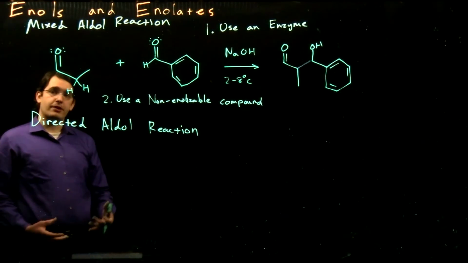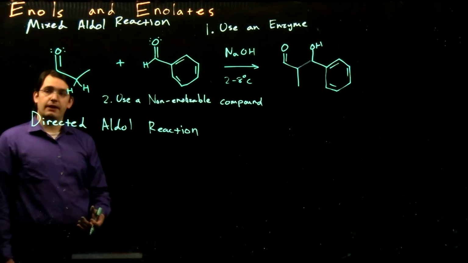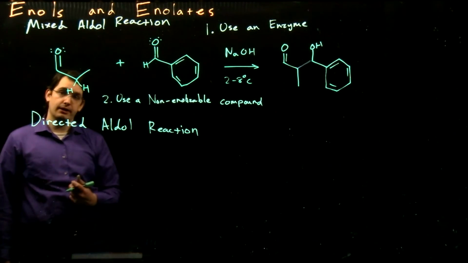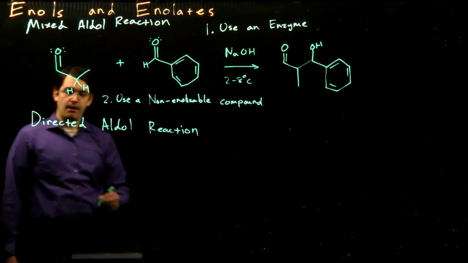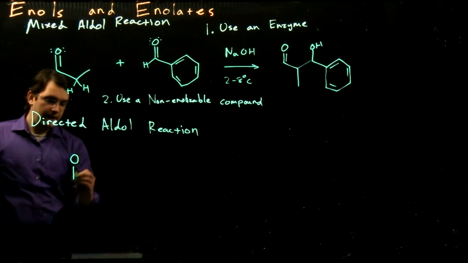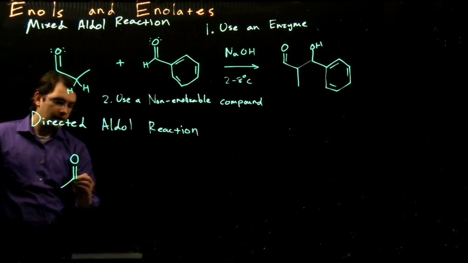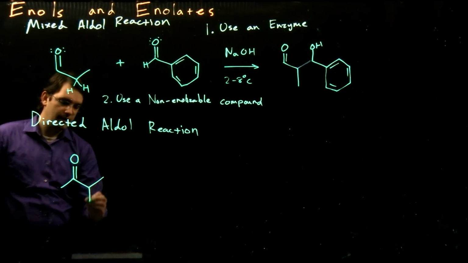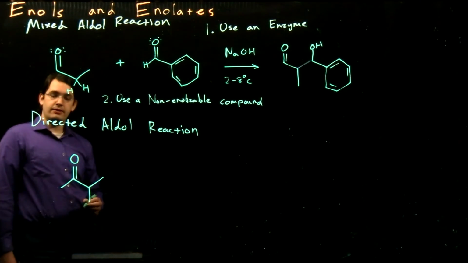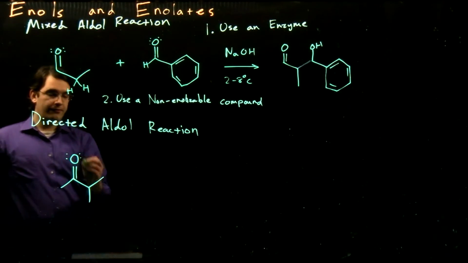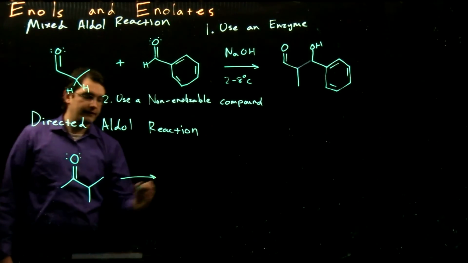Another possibility for controlling our aldol reactions is to use a directed aldol reaction. Now, what we mean by this is we're going to take a carbonyl compound. Here I'm actually going to use a ketone. And we're going to first add a very strong base.